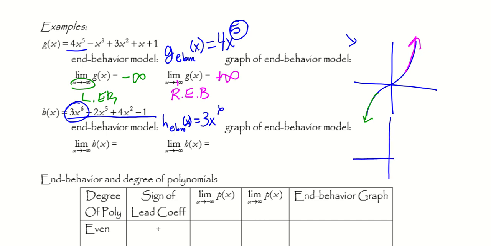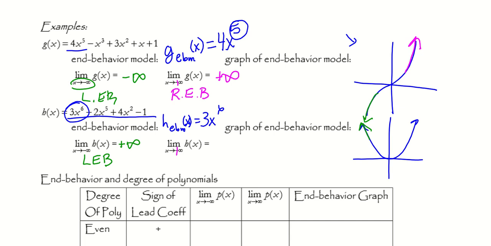We know that the graph of a power function with a positive even exponent will look a lot like your parabola. So this limit as x goes to negative infinity is my left end behavior. If I follow this graph to the left, it's going up, and that limit is positive infinity.